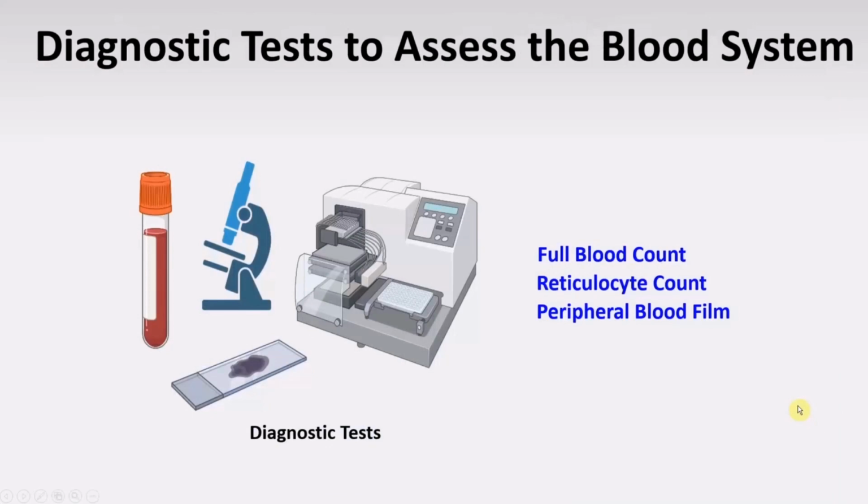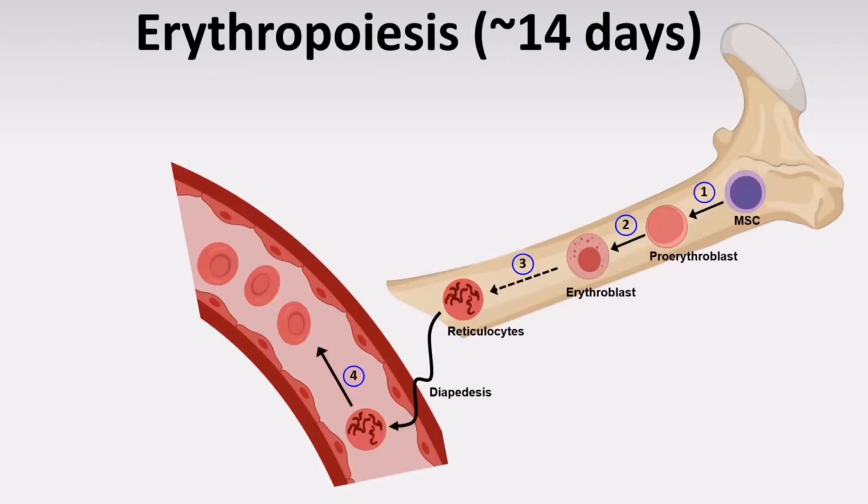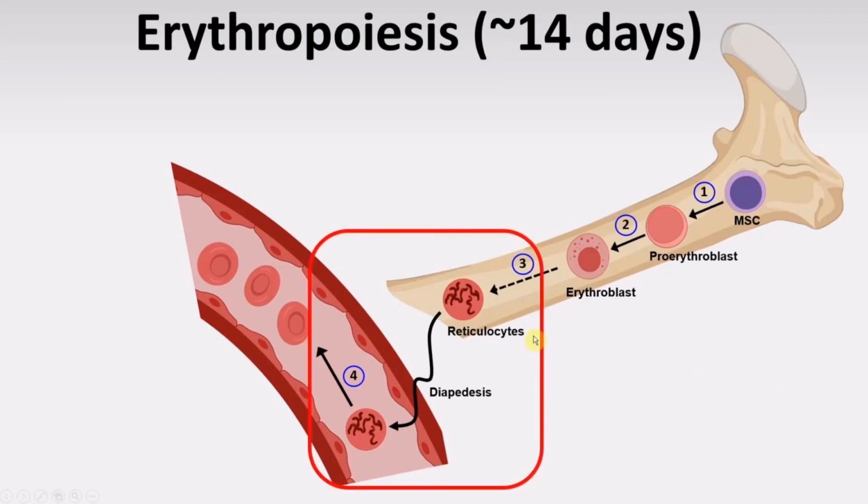Okay, now we are done with the full blood count and also the red blood cell indices. What we are going to look at next would be the reticulocyte count. Now, if you recall from the erythropoiesis slide that we have discussed previously, reticulocytes are your premature red blood cells that enter into the bloodstream right after the completion of erythropoiesis, right?